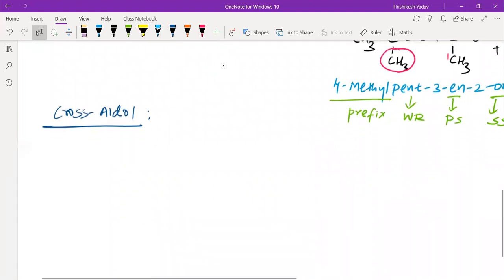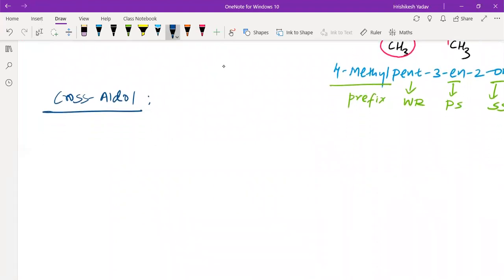I'll write here, say if we have acetaldehyde and propionaldehyde, the mixture of the two, when treated with, say, dilute NaOH.